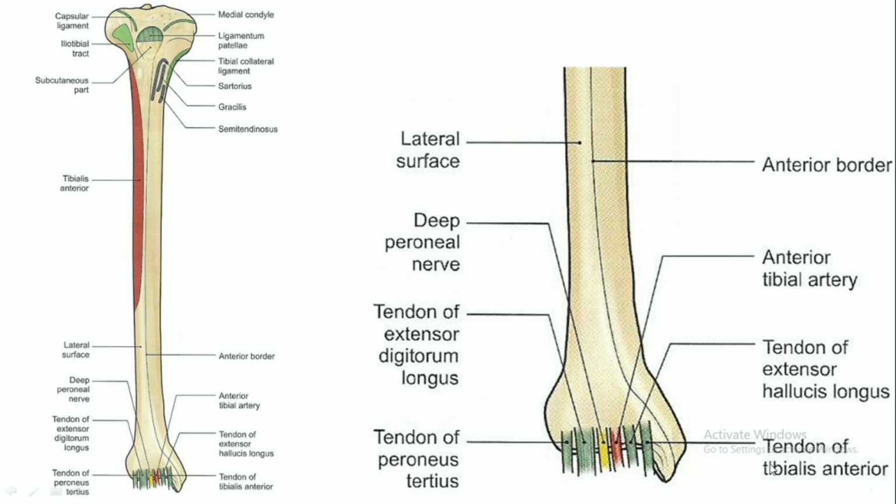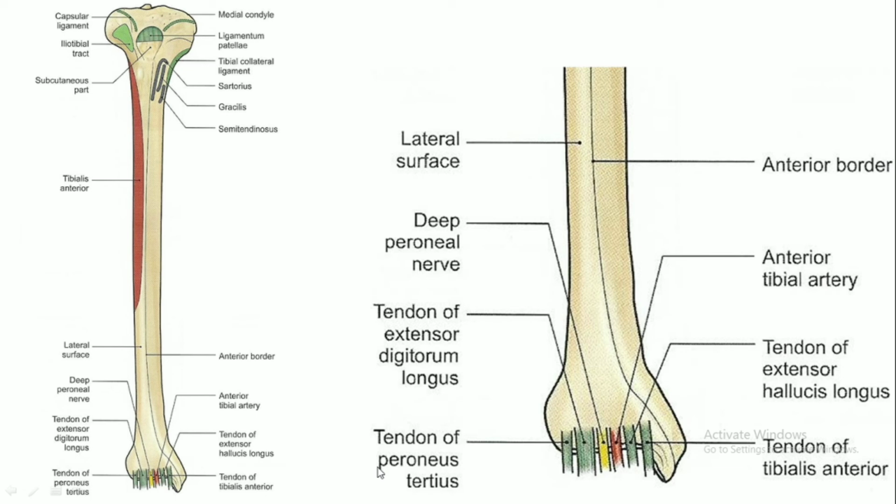T stands for tendon of tibialis anterior, H stands for tendon of extensor hallucis longus, A stands for artery, anterior tibial artery, N stands for deep peroneal nerve, D stands for tendon of extensor digitorum longus, and P stands for tendon of peroneus tertius. The hospitals are never dirty places.